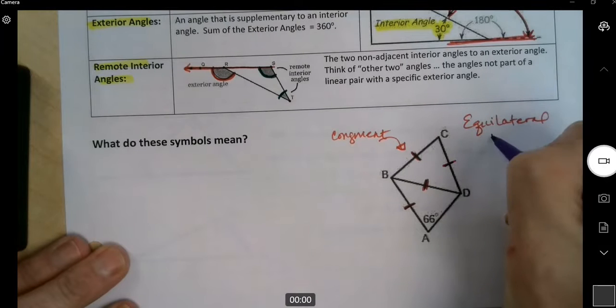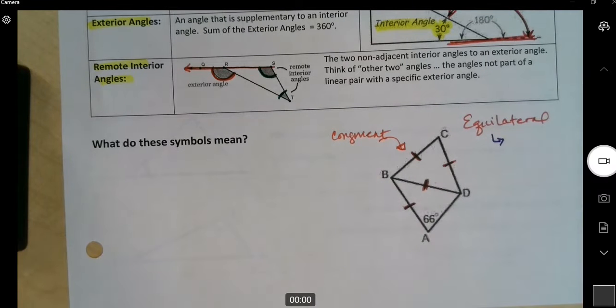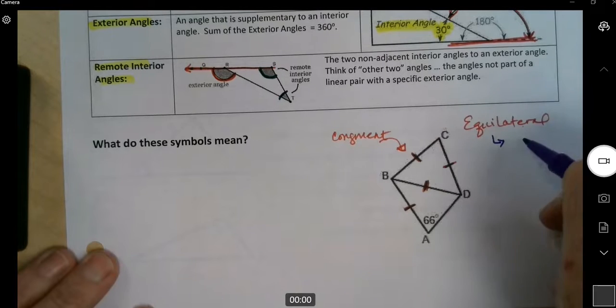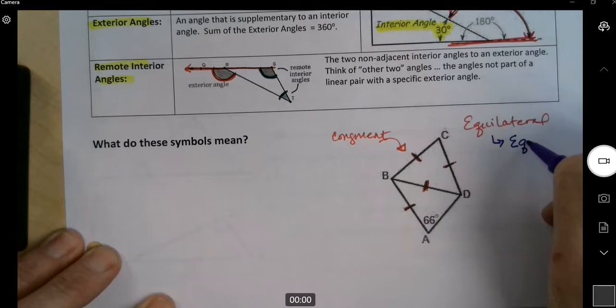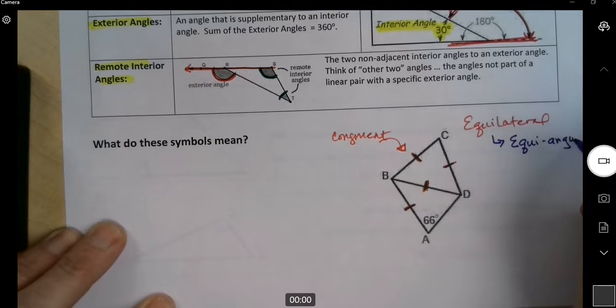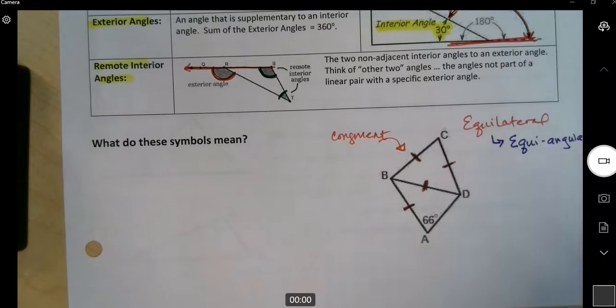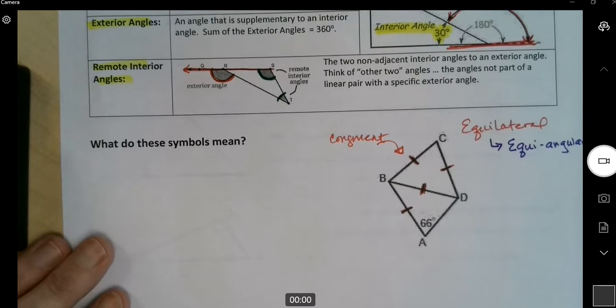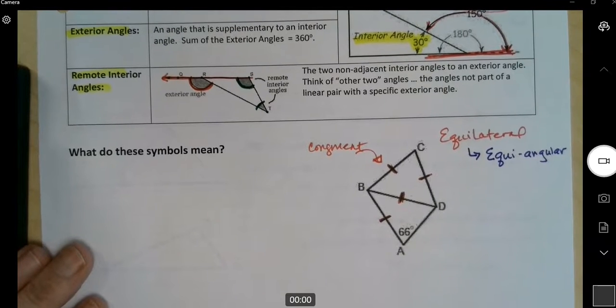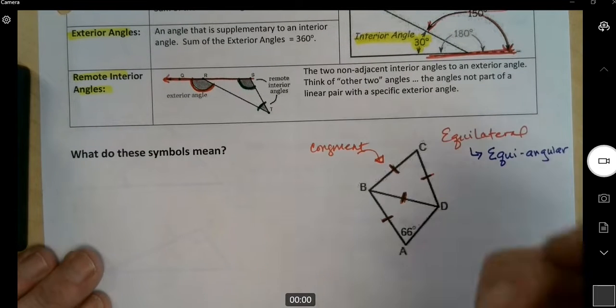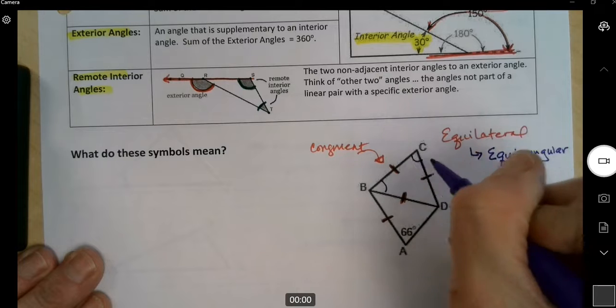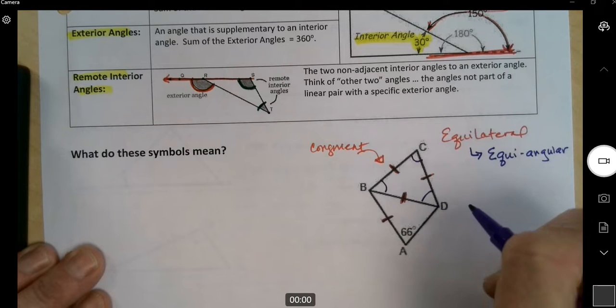If we have an equilateral triangle, it's also going to always be equiangular. Every equilateral triangle is also equiangular. If I have 3 equal sides, I'm guaranteed to have 3 equal angles.